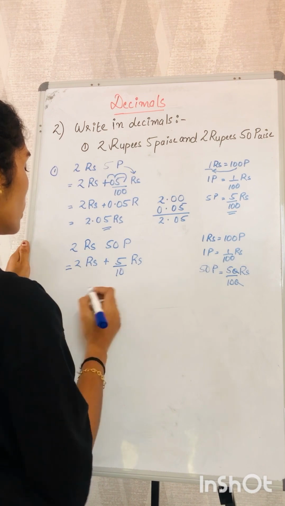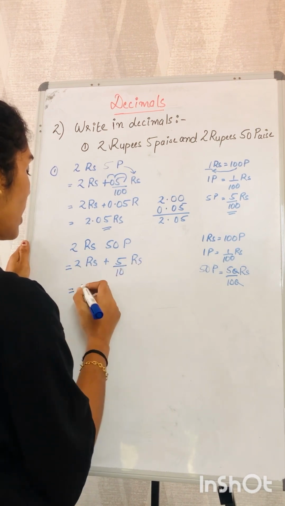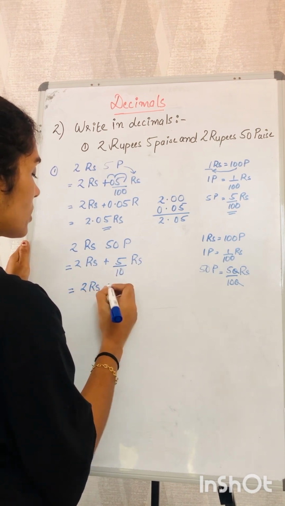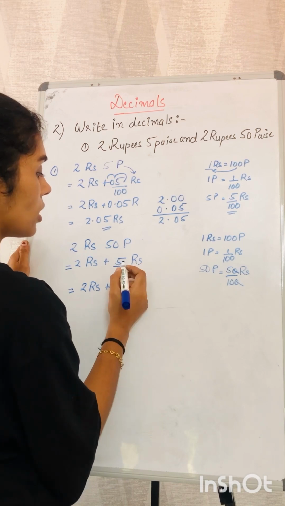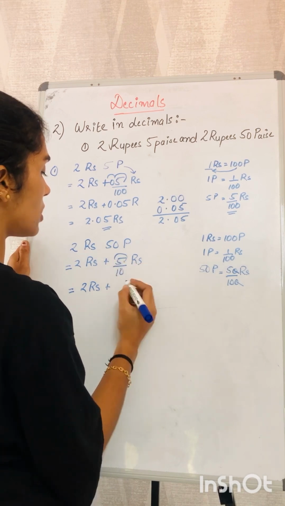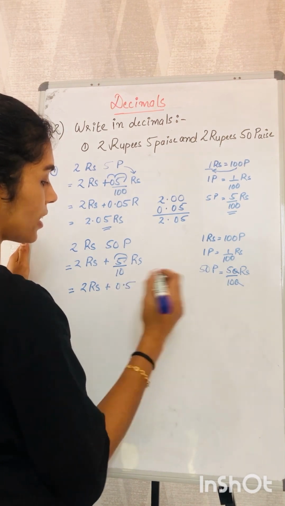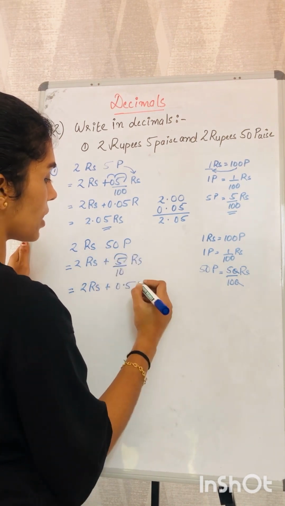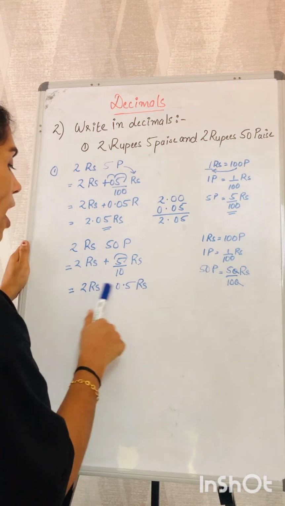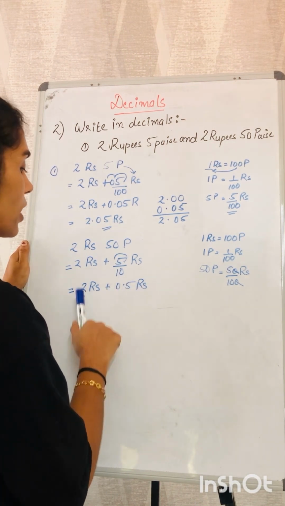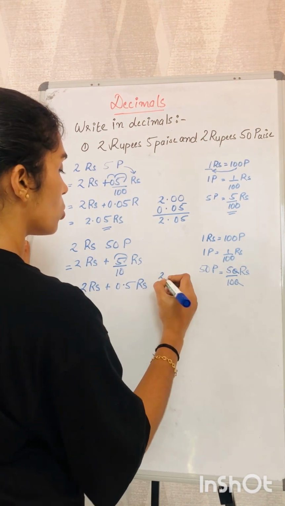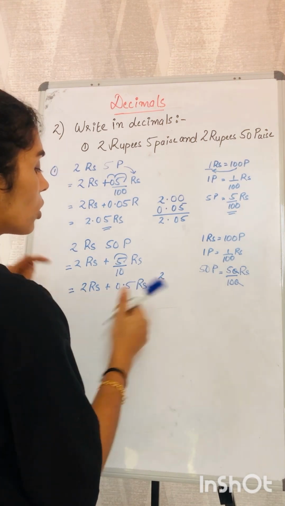So you are converting this fraction to decimal again. 2 rupees plus, here is your decimal, right? So only one jump, that is 0.5. Don't write 10 here again because you made a jump here. Again rupees. Now you have to add this 2, right? Both are in rupees, right? So 2, you have got only a whole number here.